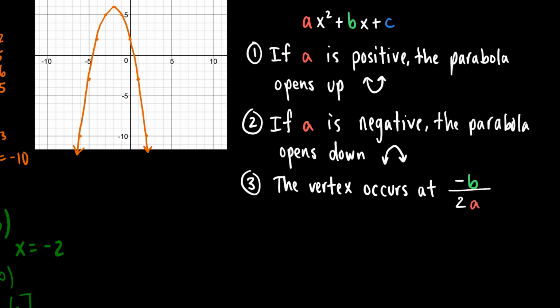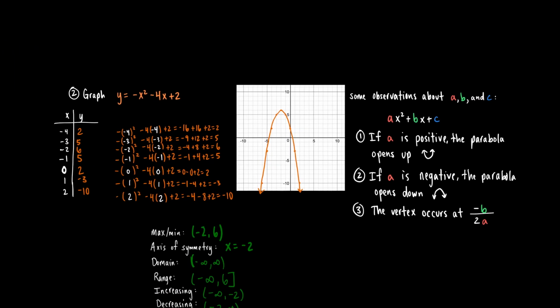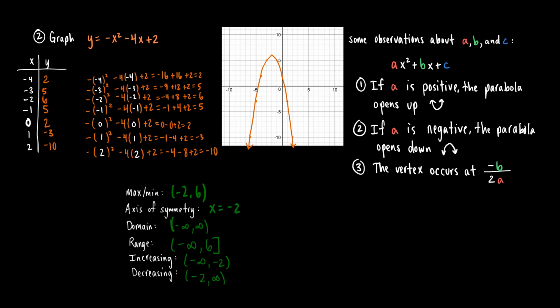And if you actually go back to our function and you think about what -b over 2a would be, so if you come over here, in this case, our a value was -1 and our b value was -4. And if you actually do -b over 2 times a, watch what happens.